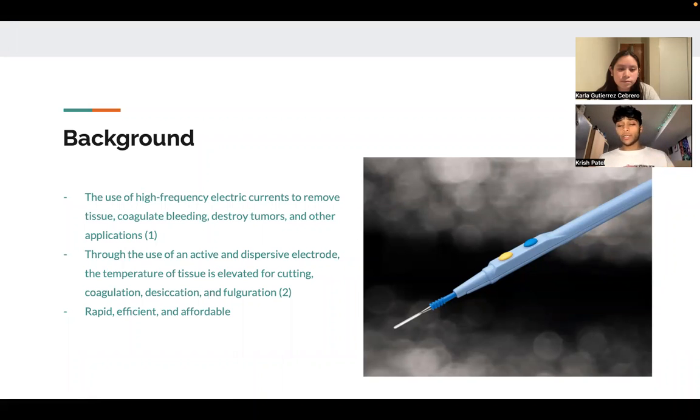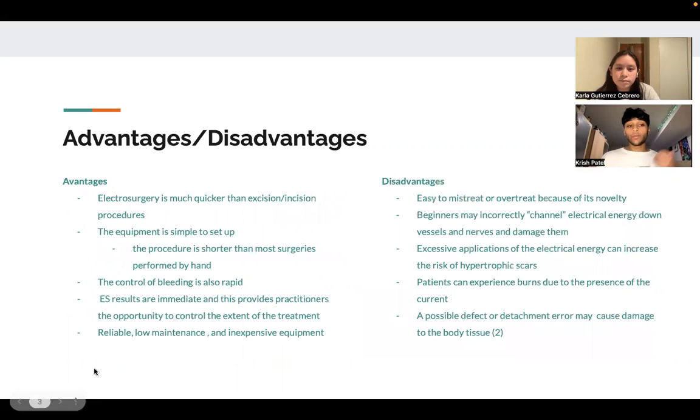Now, why do we use electrosurgery? Because it's rapid, efficient, and relatively affordable. Some other advantages of the procedure are that, in addition to it being faster than excision and incision procedures, the equipment is extremely simple to set up, which also helps shorten the procedure compared to most handheld surgeries.